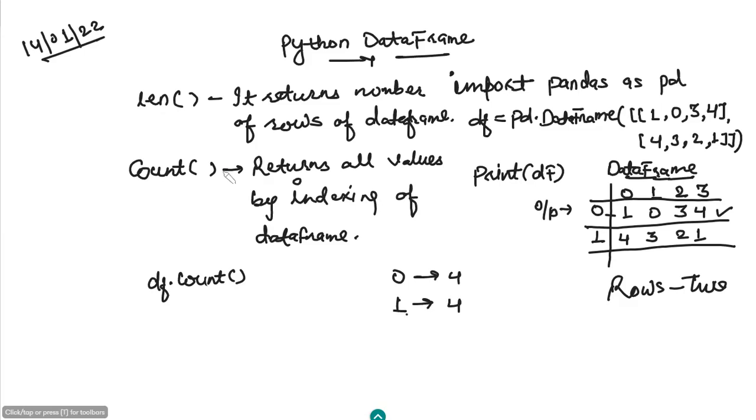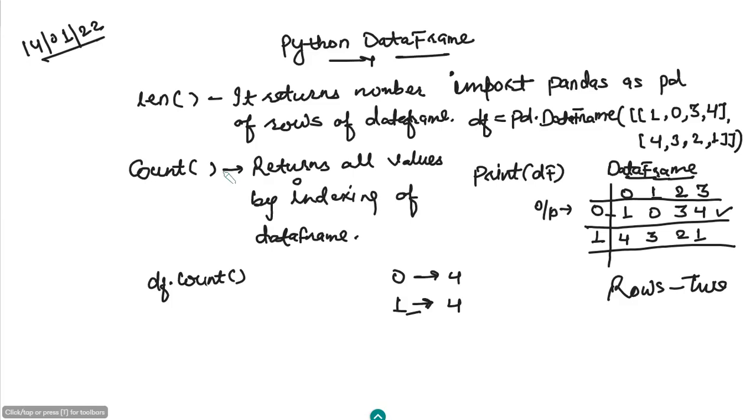So the function will return the number of values of indexing, right? By indexing means of indexing. So how many values are there in index 0 and index 1 and so on, right?